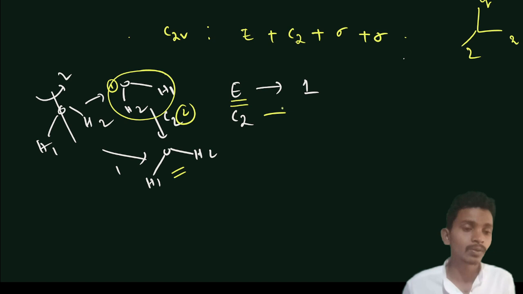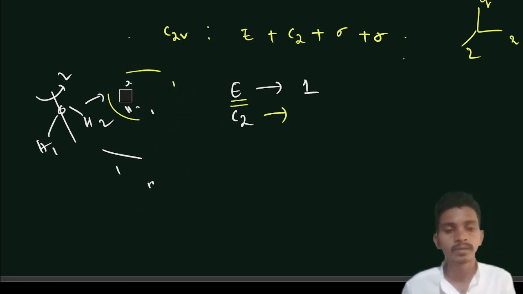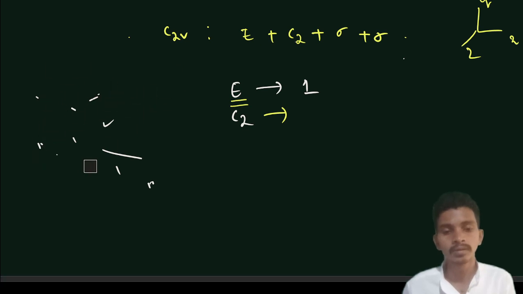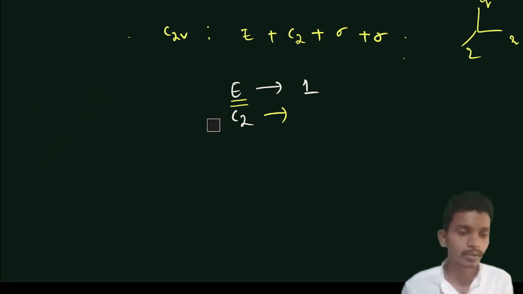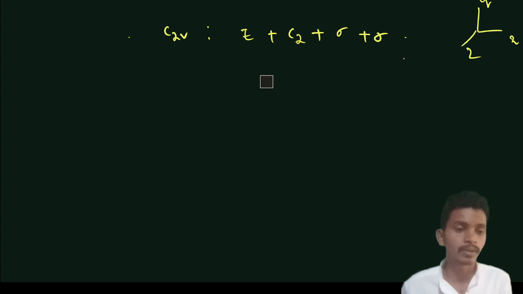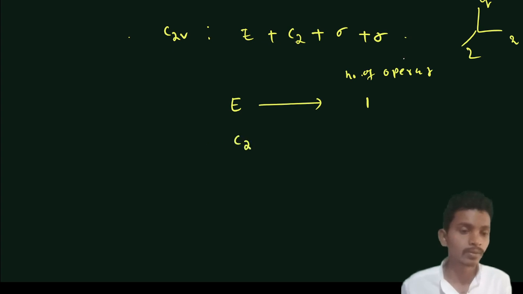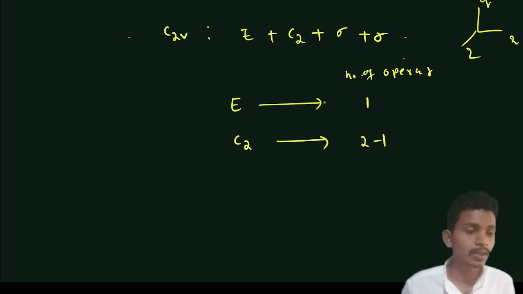So for E, the number of operations needed is 1. For C2, it is 2 minus 1, that is 1, excluding E, because E was present, that's why I subtract.